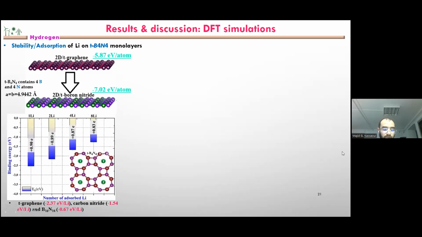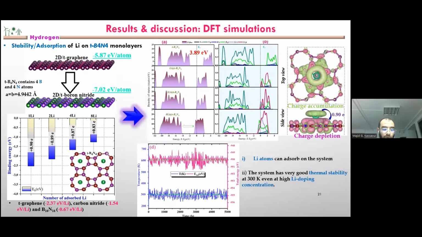According to what has been mentioned before, and due to its light metals, the binding of the lithium atoms on tetragonal borometry is stronger than that on tetragonal graphene. Also, the charge transfer from the first lithium decreases from 0.90 to 0.83 electron.